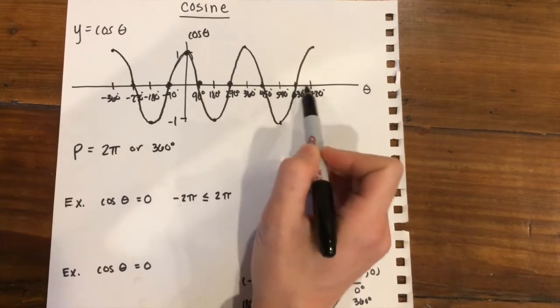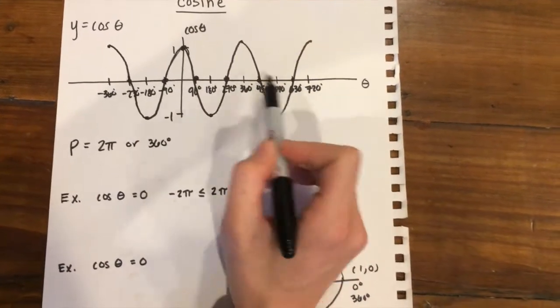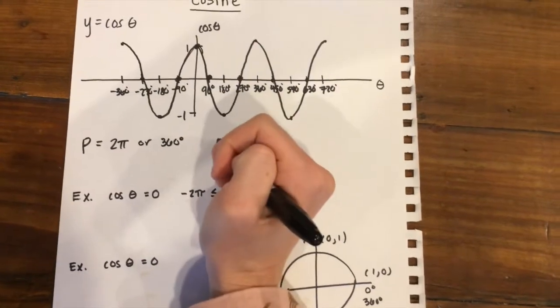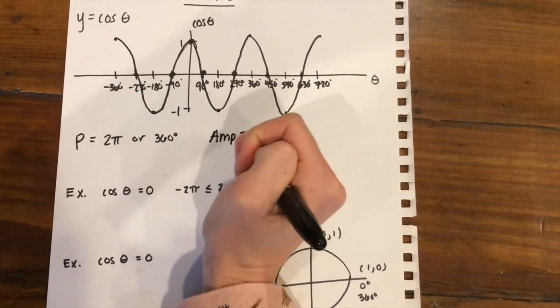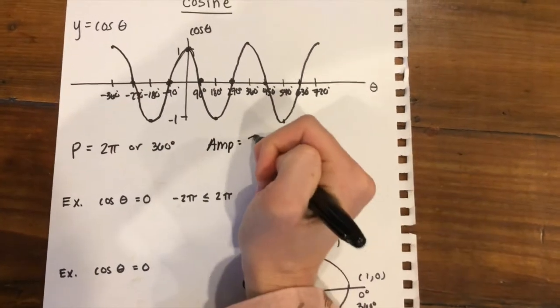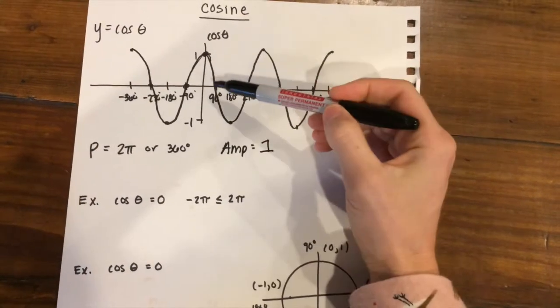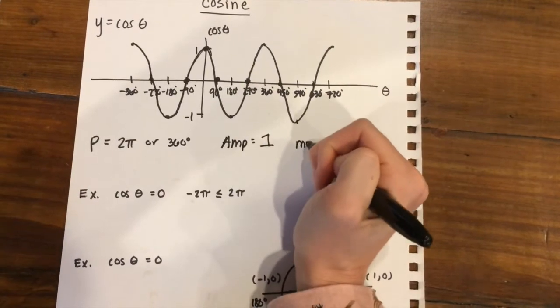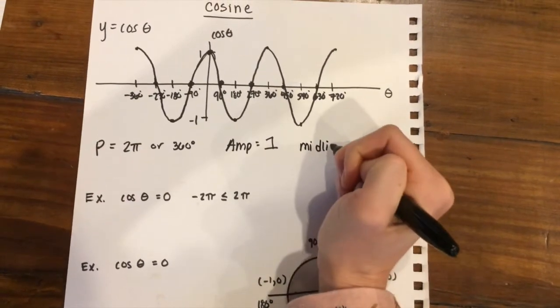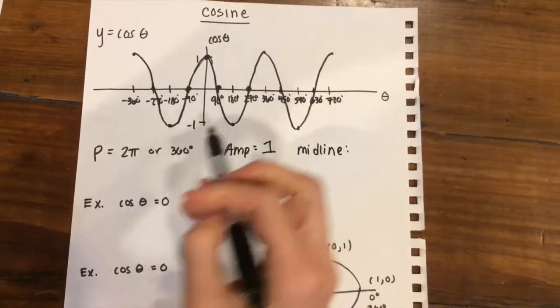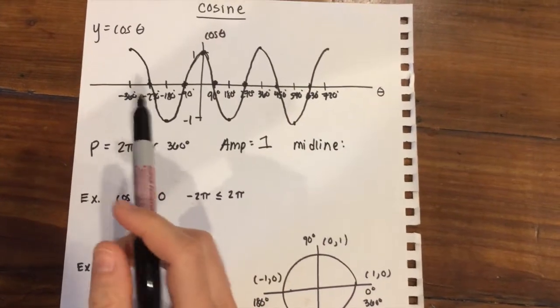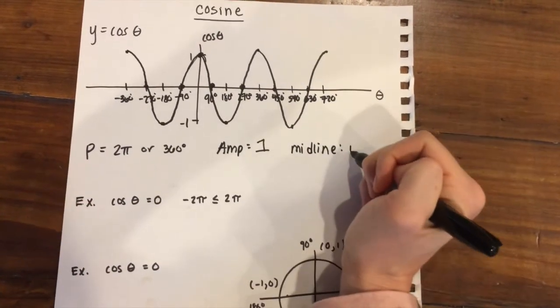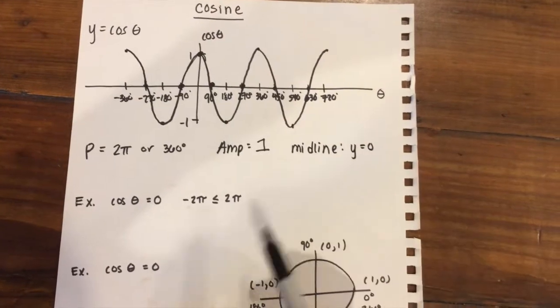That distance is 360 degrees, or 2 pi radians. Amplitude. What is the amplitude? Amplitude is 1. Same distance from middle to top or middle to bottom is 1. Midline, remember midline is the equation that cuts the graph in half horizontally. So midline is y equals 0.